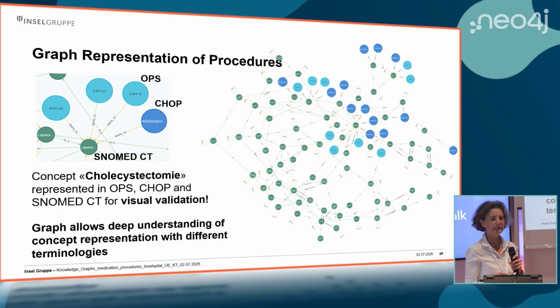And also here, similar to the medication mapping results, we could analyze gaps in the classifications and gaps in the possibility of mapping to standards, which made it possible to assess where we would have problems with interoperability between the systems, and where we also would have gaps when trying to map our local procedure classification to a standard.